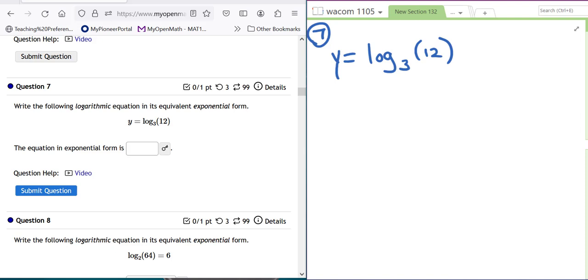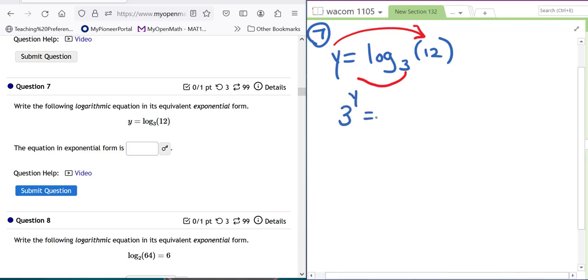You're just going to go the other way. You're still going to start at the base. Every time you start at the base on these. So you're going to do 3 to the y equals 12. You're still spiraling around that equals. There's exponential form.